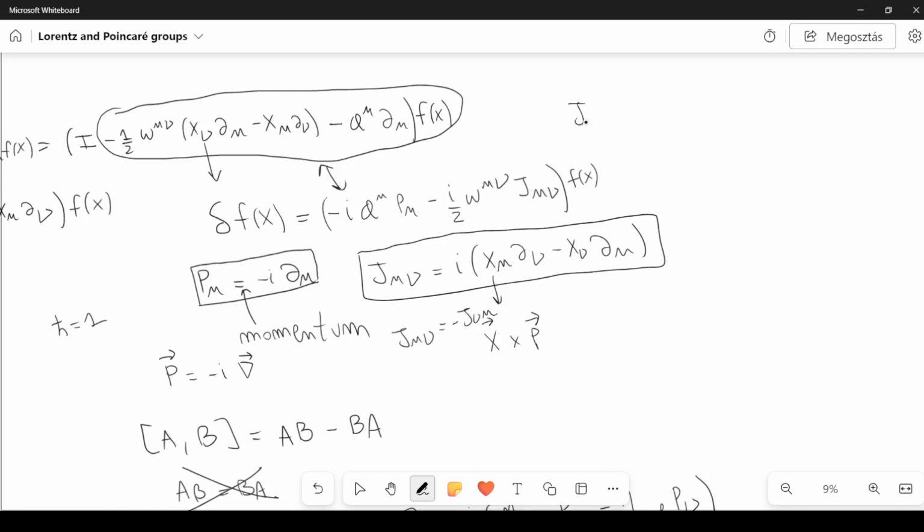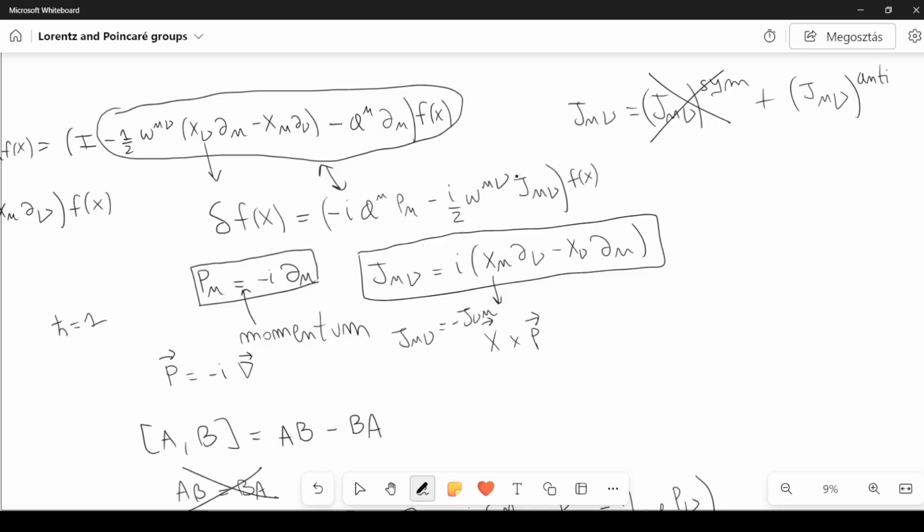Since a general matrix can be written as the symmetric part plus the antisymmetric part, of course this symmetric part gives no contribution since it appears here, and we might define J^{μν} simply by means of the antisymmetric part, right?